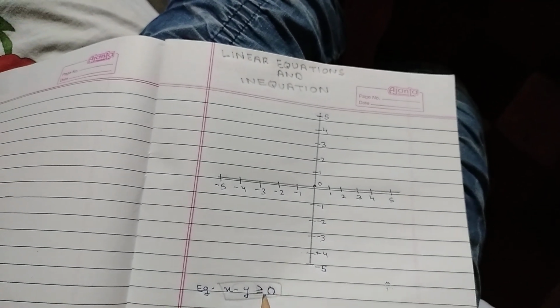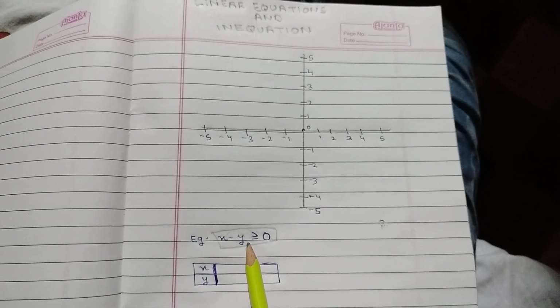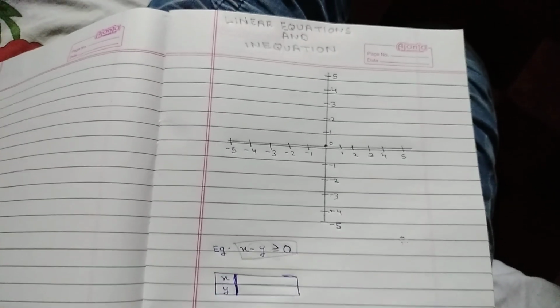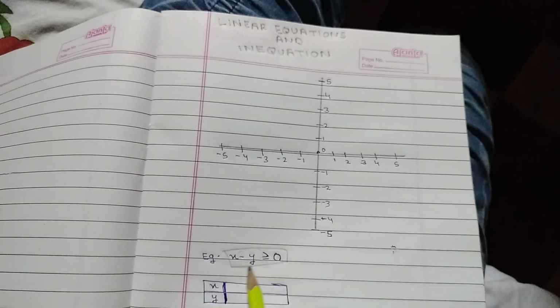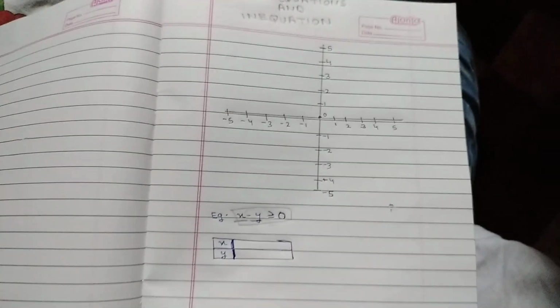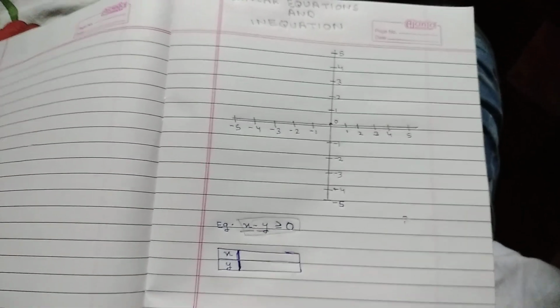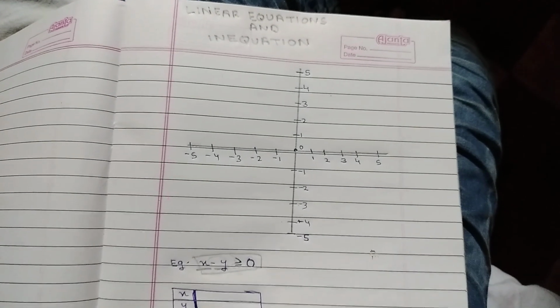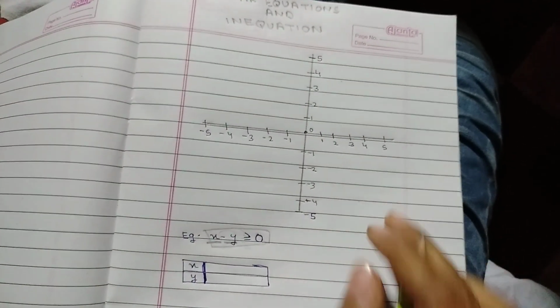There is no equal to sign in this expression, so it is an inequation. And there are two variables present, x and y. So it is a linear inequation in two variables. So we will see how we can represent it on the graph.